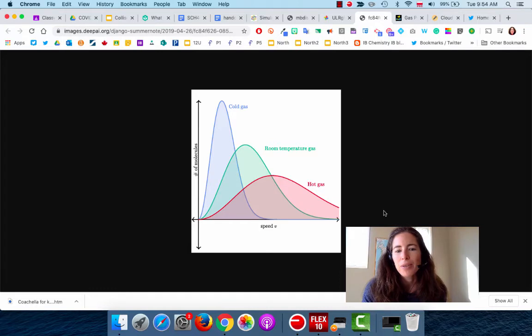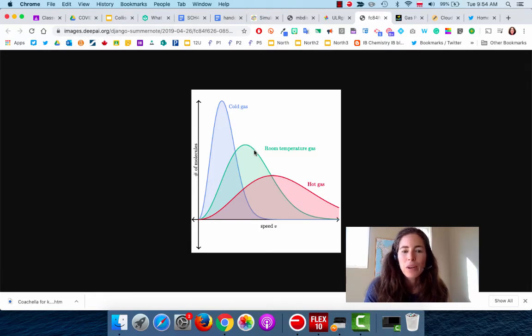If you think about some molecules in a container and if you think about heating them or cooling them, but keeping the same number of molecules in there, this green curve, the middle curve, is a room temperature gas. Okay, so we have, again, no molecules with a speed of zero, and then as the temperature gets higher, we still have some molecules that are going quite quickly in the mix, but the average speed of the molecules might be somewhere around here.